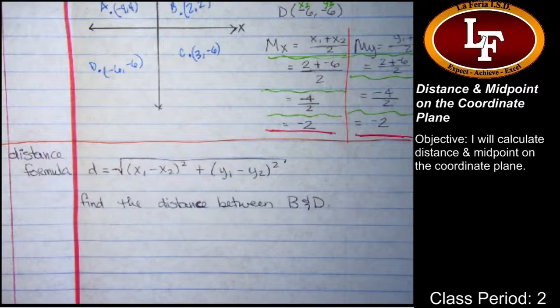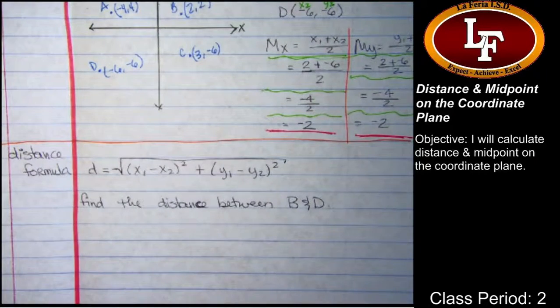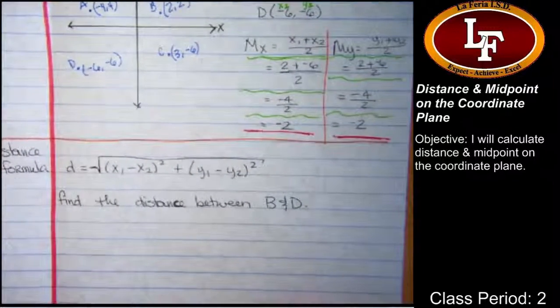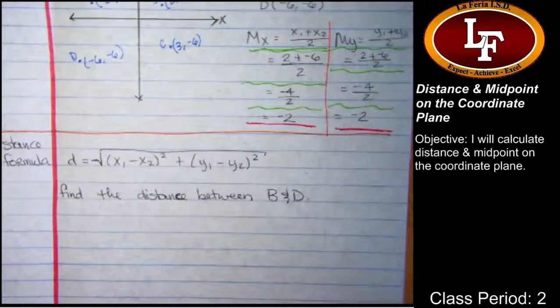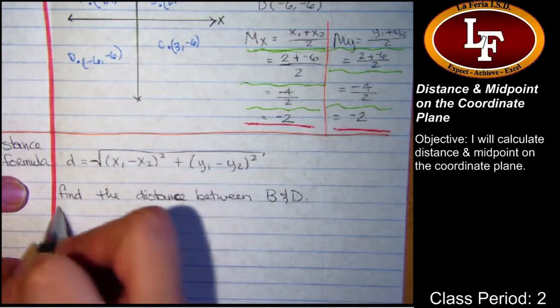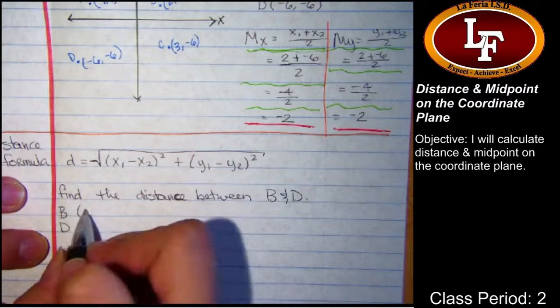Where do we start? We need to figure out which one's the x1 and the y1 and the x2 and the y2. Well, let's start with the coordinates. What's the coordinate of B? 2, 2.